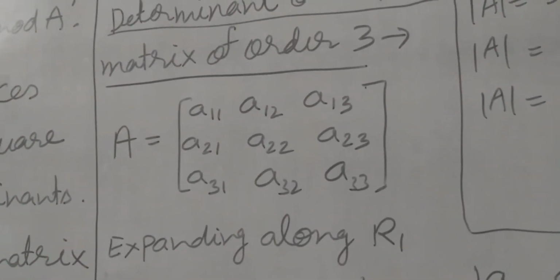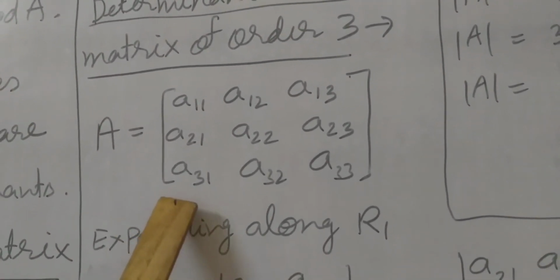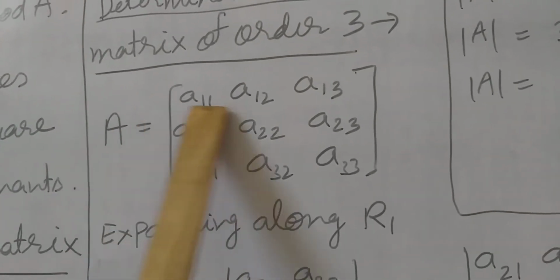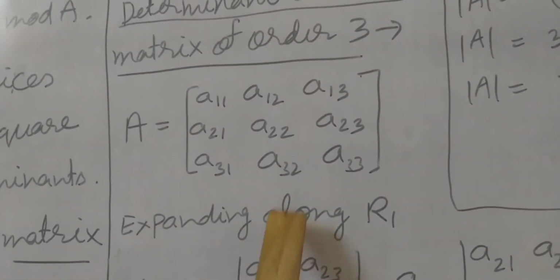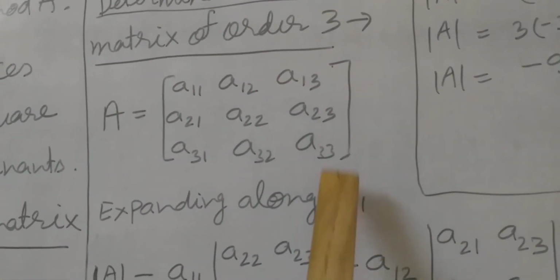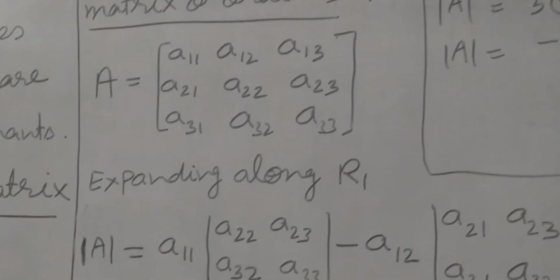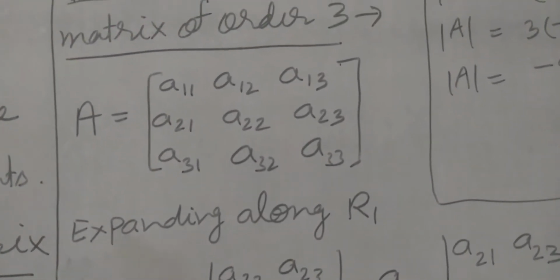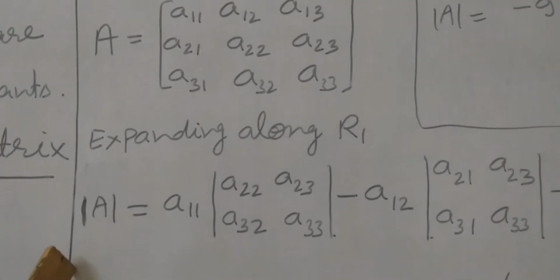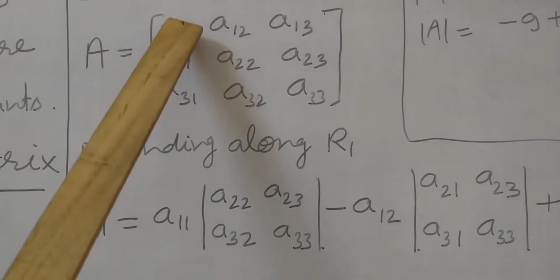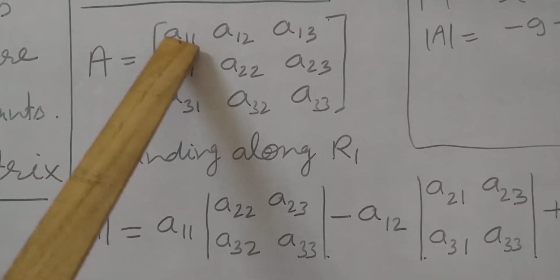This is up to us, student. So here I am going to expand it along R1, row 1. Correct, students? So determinant of A equals, what is the first element here in first row?